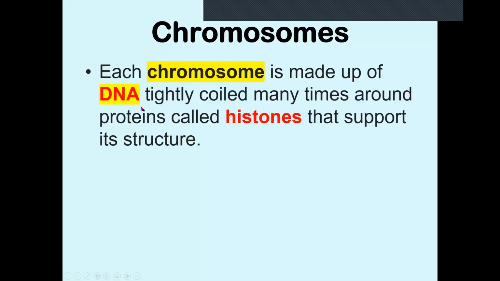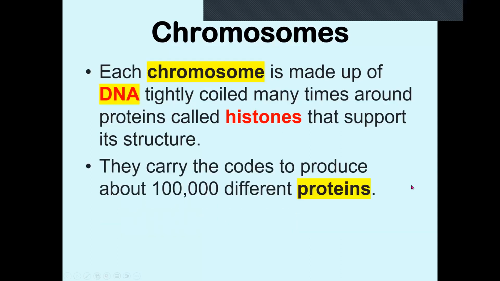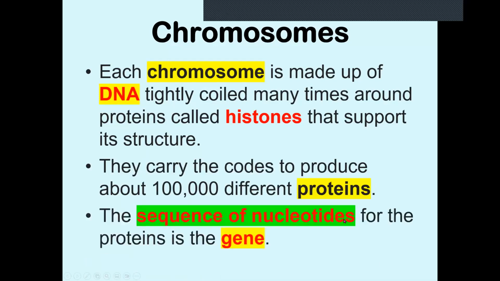Each chromosome now is made of DNA, and it's coiled over and over and over in histones, these special proteins, and these chromosomes can code for about 100,000 different proteins.